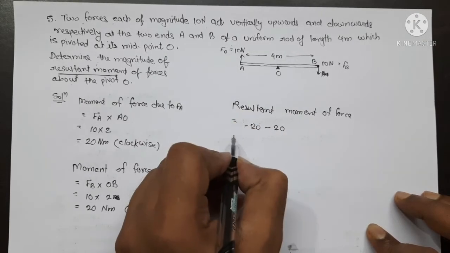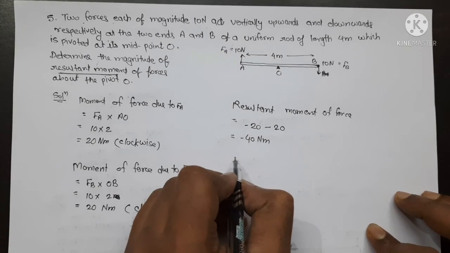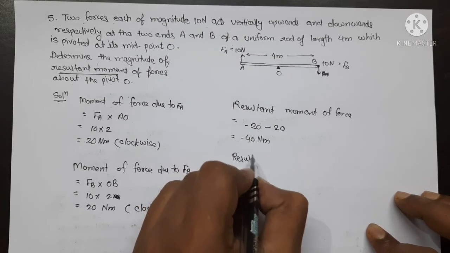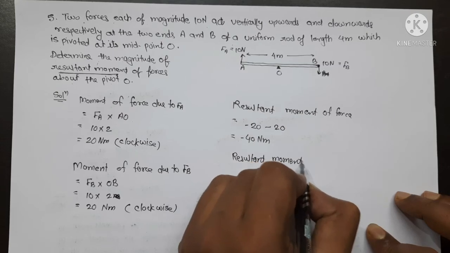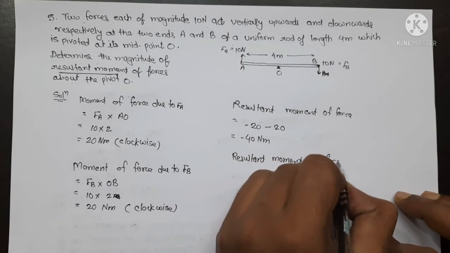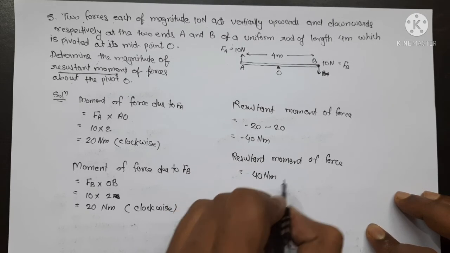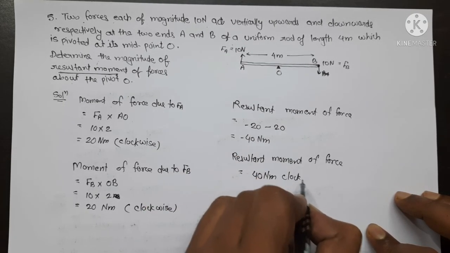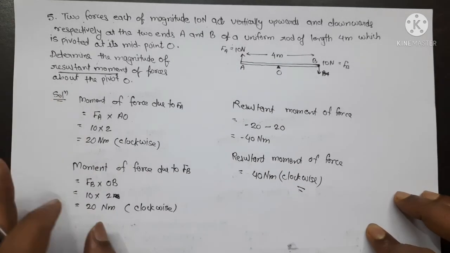So this will be minus 40 Newton meter. Hence your answer will be the resultant moment of force, and that is 40 Newton meter. The minus sign indicates that it will be in a clockwise direction. Okay, so that's it for question number 5.